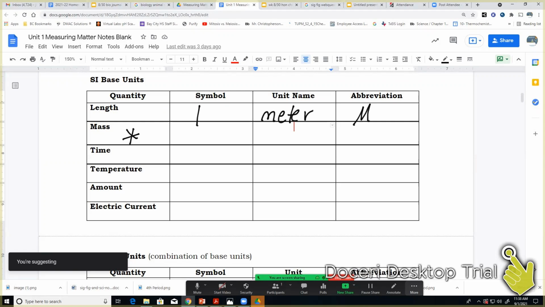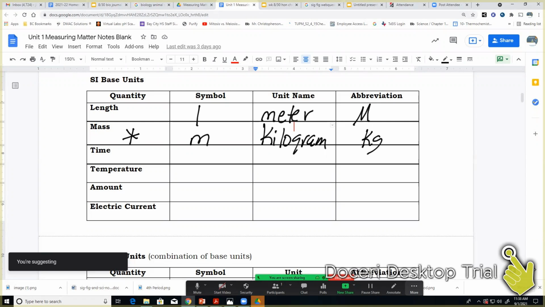Mass, and we do use mass a lot. Little m, kilogram is the standard, and its abbreviation is kg. Gram is the base because that's the one without any prefixes on it, but kilogram was the standard. So once again, kilogram was decided. Then you divide that by 1,000 and that gets you down to the gram and so forth, and you move from there.